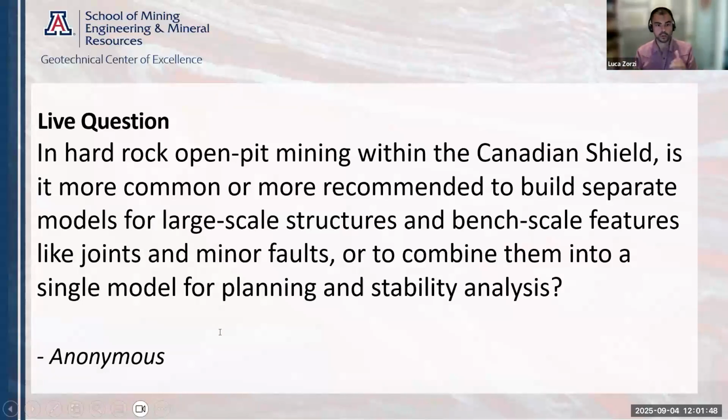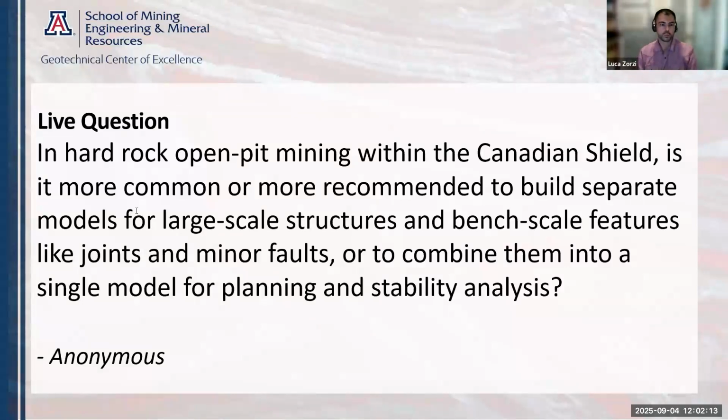I've seen a question coming up. They use DFN to assist in the definition of secondary structures, like joints, minor joints, or segmented joint systems, or segmented secondary structures that could have an impact on one or two bench scales. So it really depends on the objective of the model, but the approach that I normally use is to try to combine everything as much as realistic, because each structure is part of that same system.